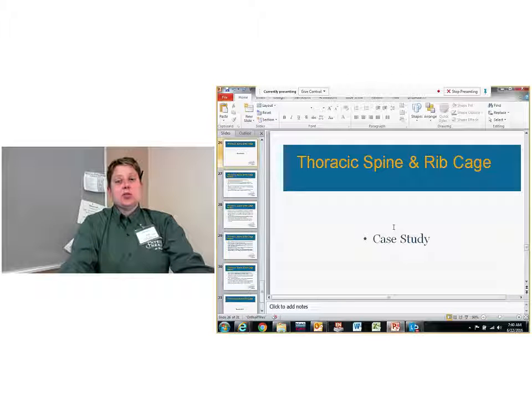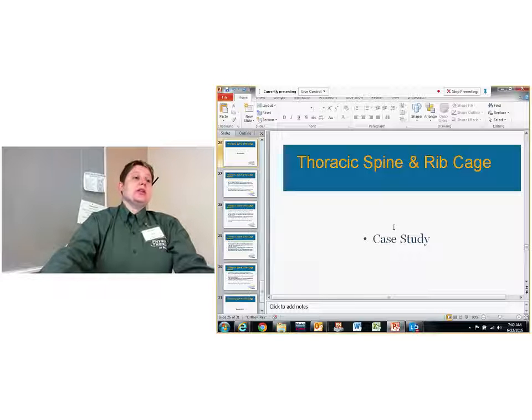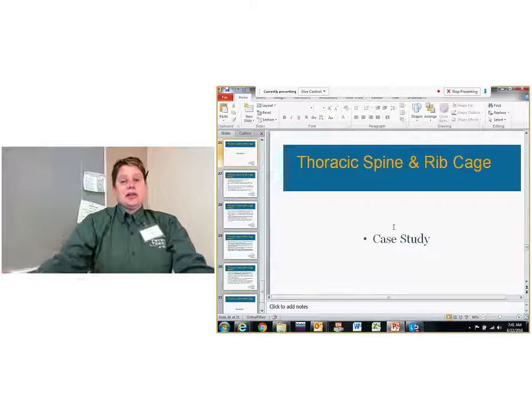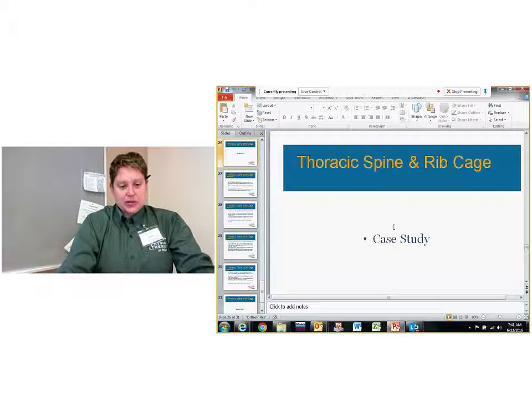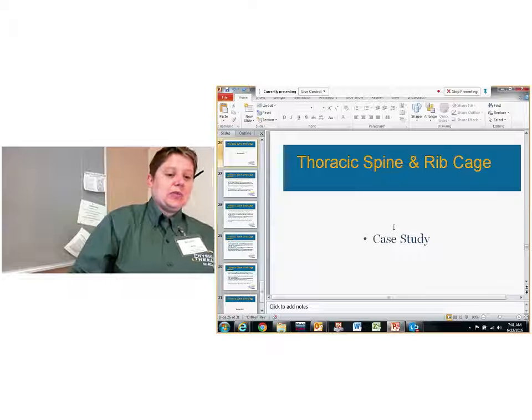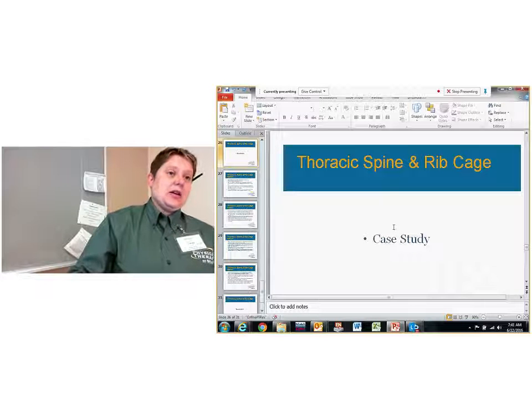So doing indirect mobilizations is usually more beneficial, because you're going to develop the trust of the patient, and then you can try to go to more specific rib mobs in a few sessions. So that's basically what we did. We did a couple muscle energy techniques. She was really sore, complaining. Things got better.